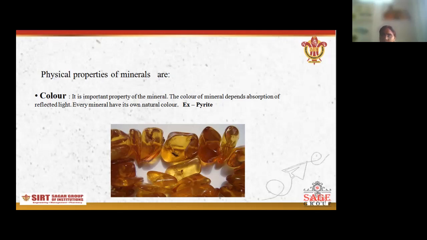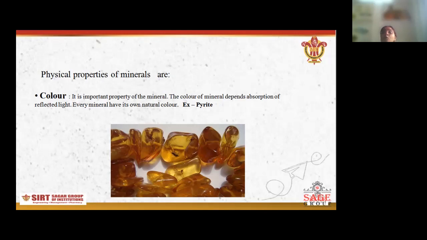Some minerals show play of color, when a series of prismatic colors is shown by the mineral on turning it about in light. For example, diamond shows play of color.